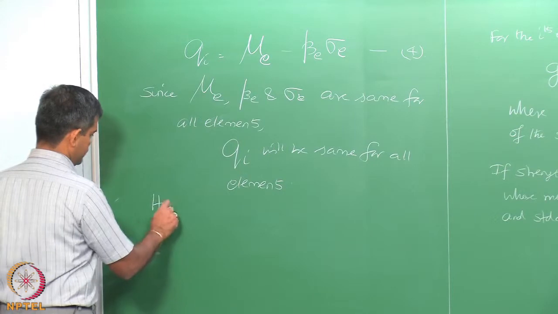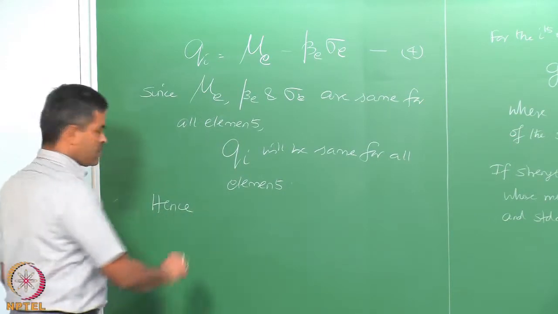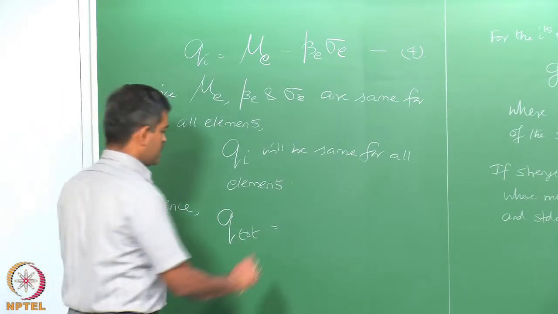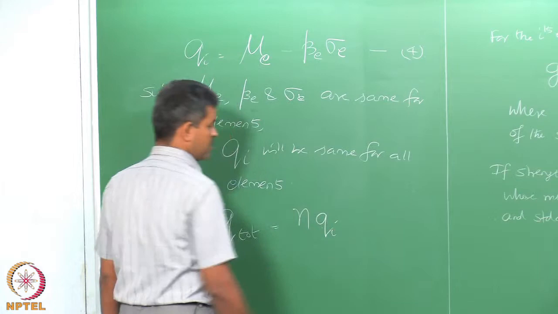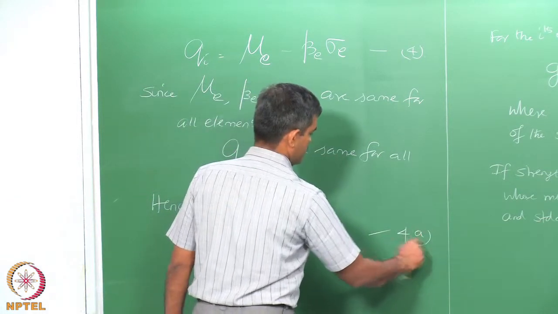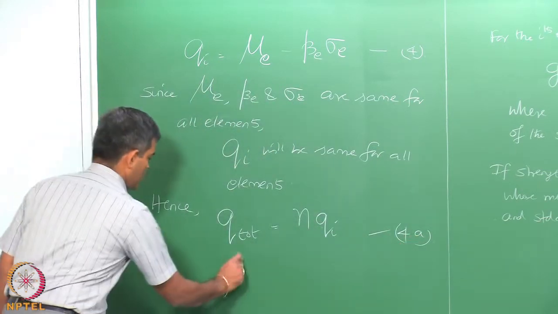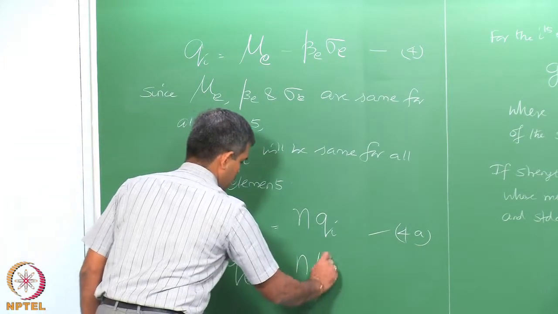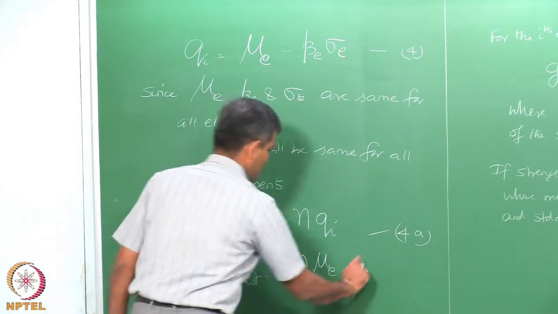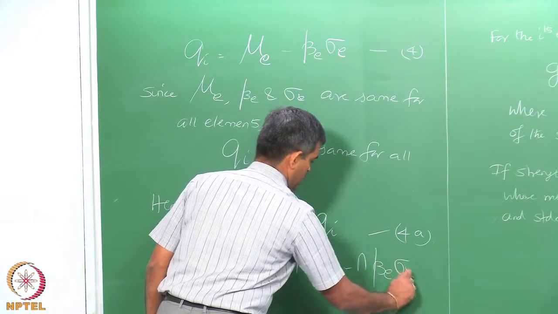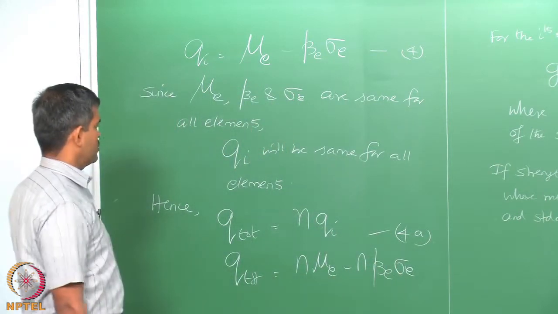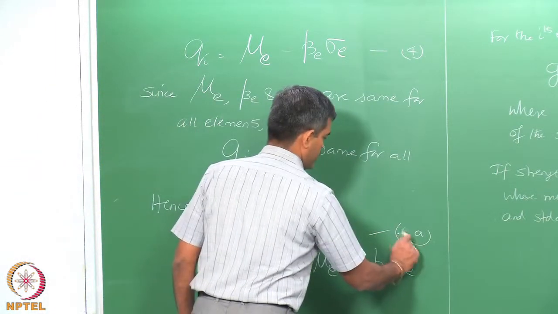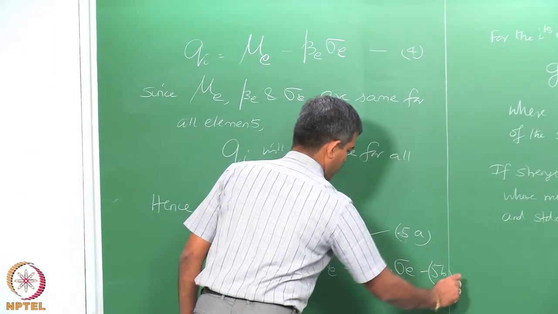Hence, the total load effect can simply be said as n number of elements times q I. On the other hand, q total can also be said as n mu E minus n beta E sigma E, because q I is given by this equation 4, and let us call this equation 5.